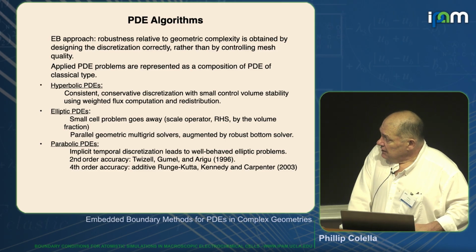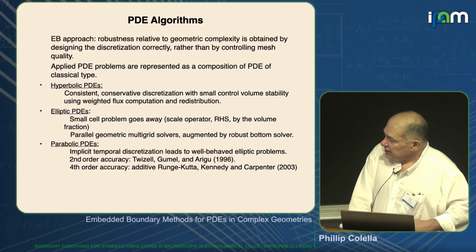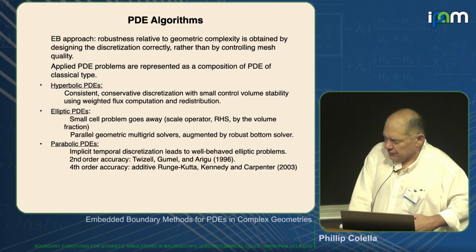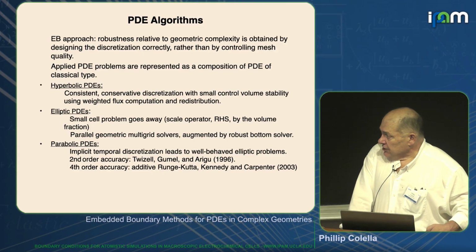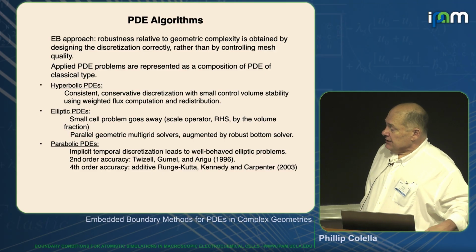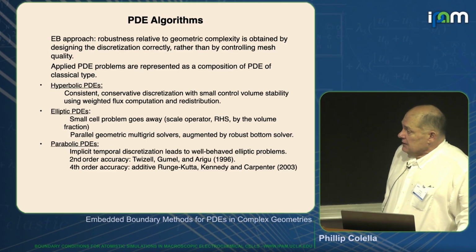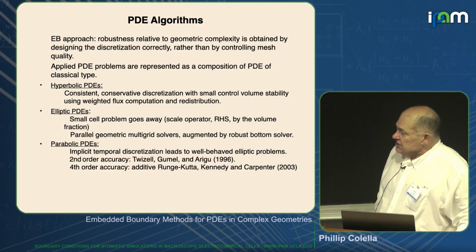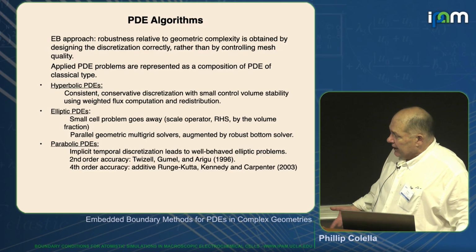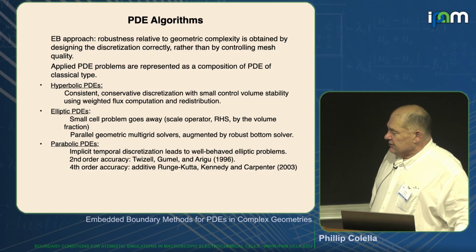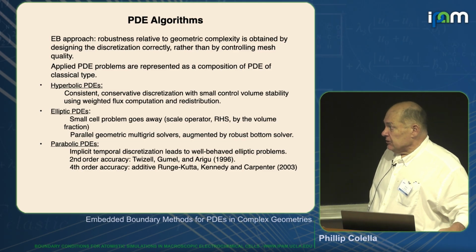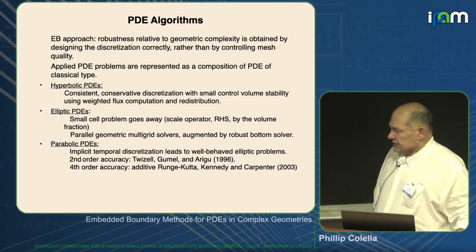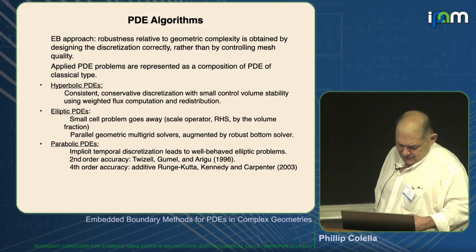We're thinking of the applied PDE problems of 19th century physics, which are compositions of PDEs of classical type. So for hyperbolic PDEs, you construct a consistent conservative discretization, and then there's an obvious small control volume stability problem that's been known forever, and we have a particular way of fixing it, but there are other ways of fixing it as well.